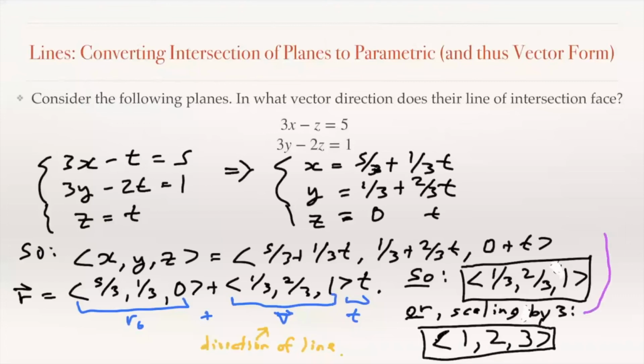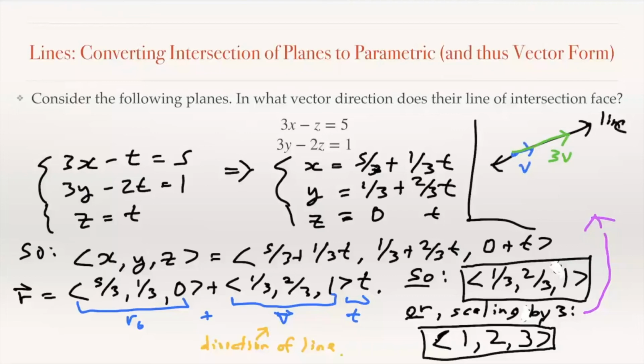Okay, and what exactly did we do here? Well, if we have a line and we have a vector v in that same direction, then 3v is still in that same direction.